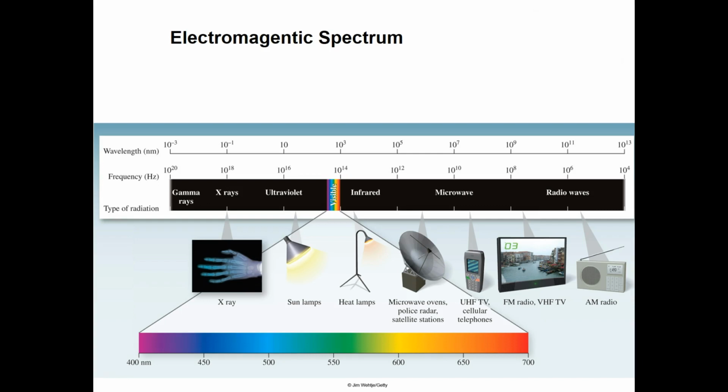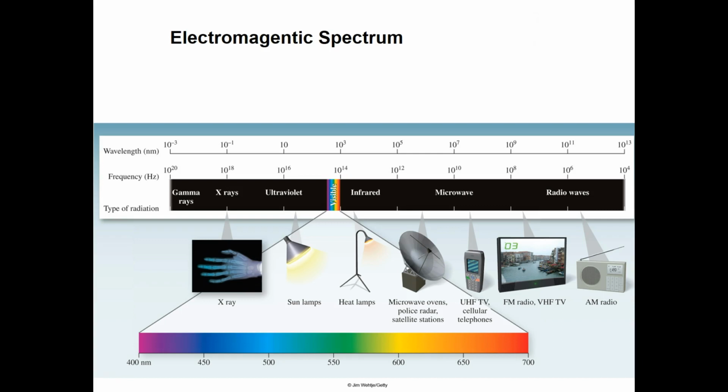And so on the left, these very high energy rays, gamma rays, and then X-rays, and we use X-rays in the clinical setting. And you can see the picture of somebody's hand there. And ultraviolet light, and then the visible, then infrared, then microwaves, then radio waves.